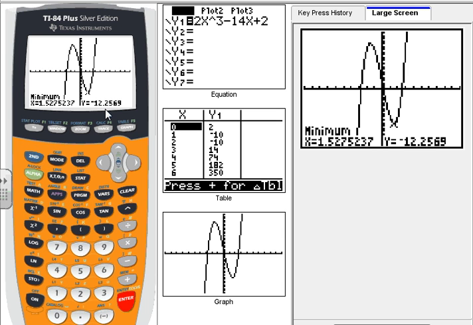The next thing you're asked to find on that are the intervals on which it's increasing and decreasing. Okay, so for that, we've already found the x values where this changes from increasing to decreasing.